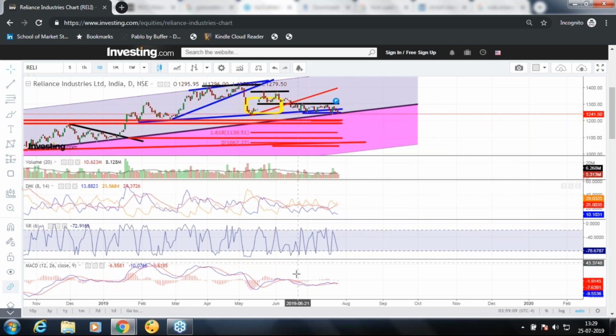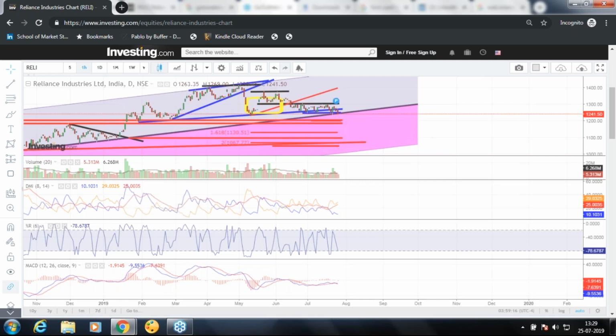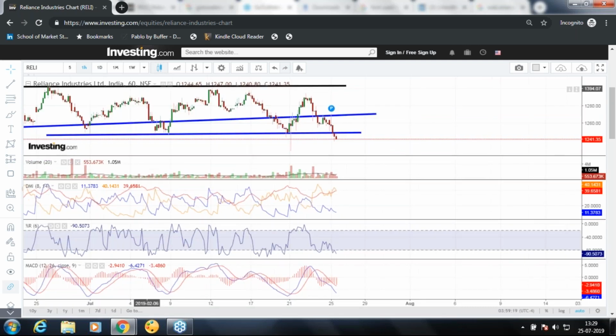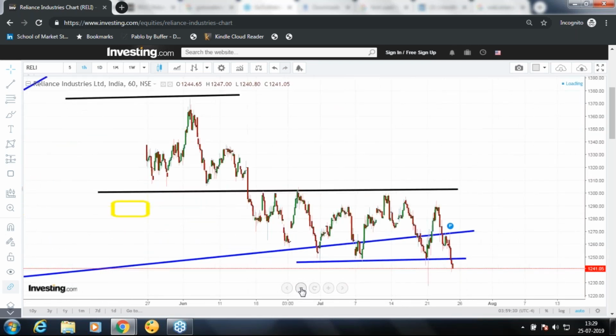Now let's go to a more actionable level, which is your hourly charts, and see what is happening. So see, on the hourly charts there is a clear cut breakdown, right? Let's zoom out a bit so it gives you more perspective.